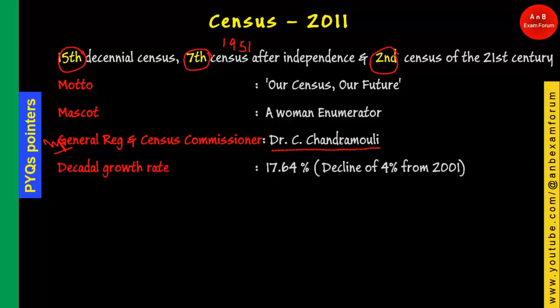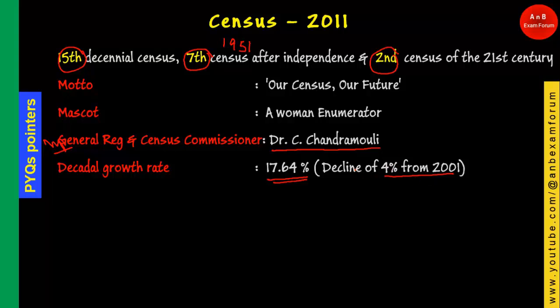The next one, very important from the exam point of view, is the decadal growth rate. In this decade, the growth rate is almost 17.64%, which is a decline of about 4% from 2001.